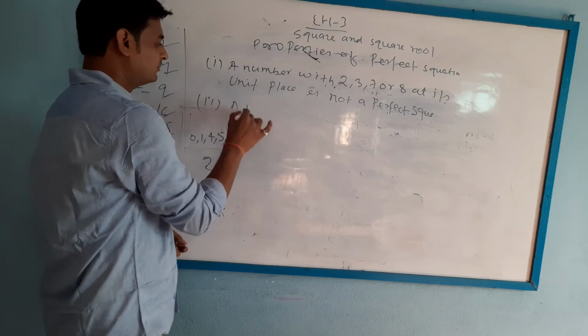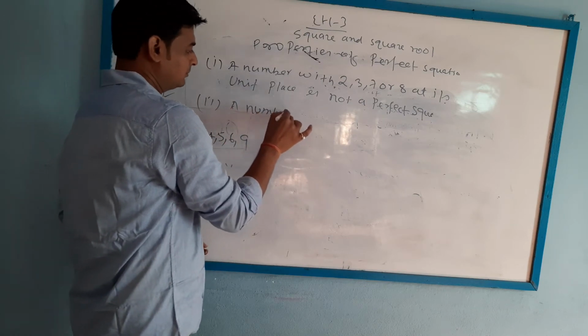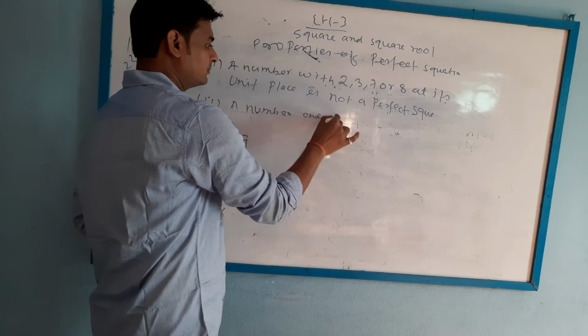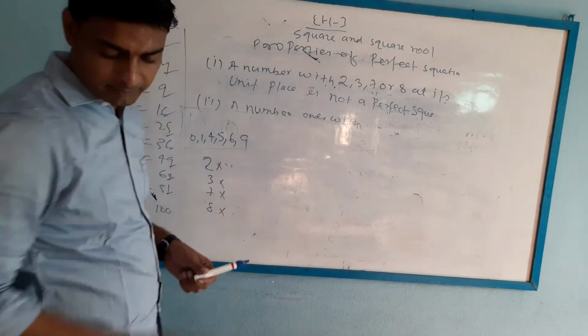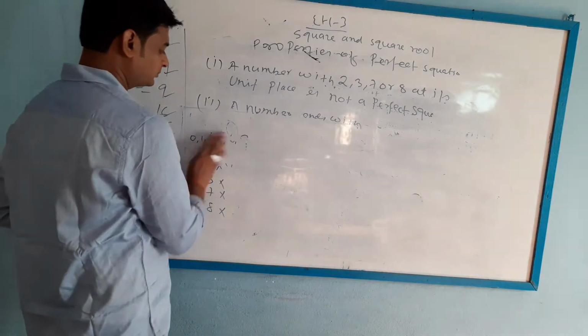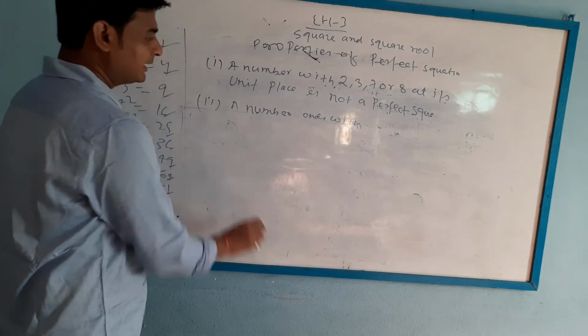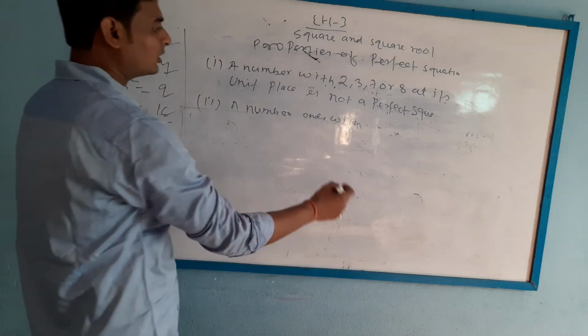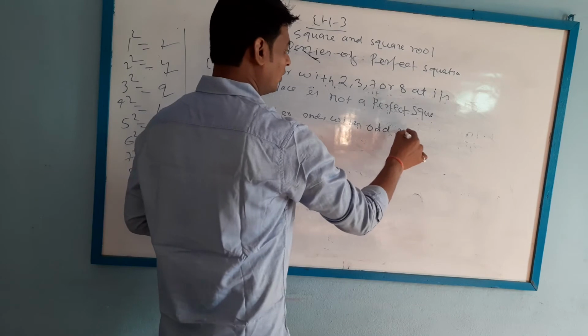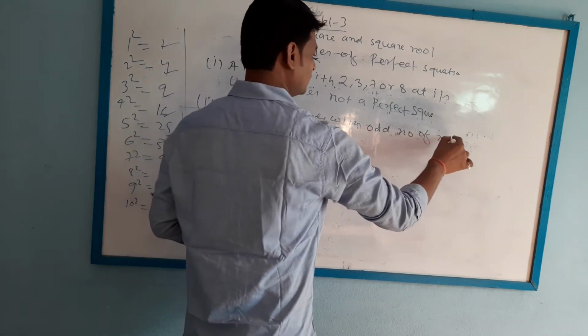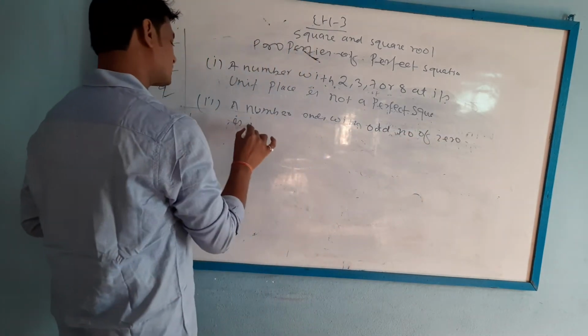A number that ends with an odd number of 0s is not a perfect square.